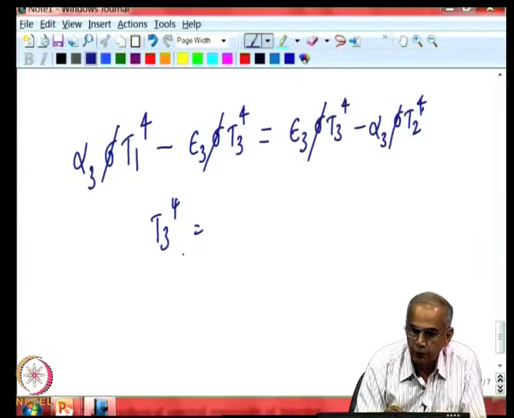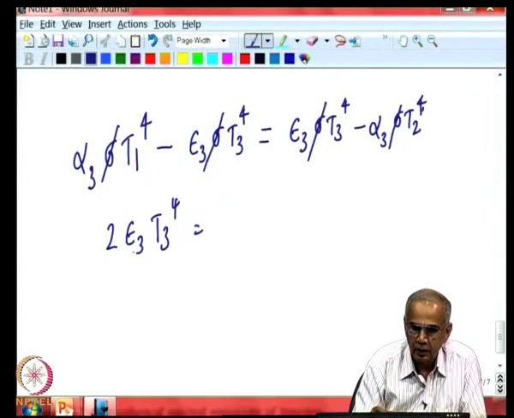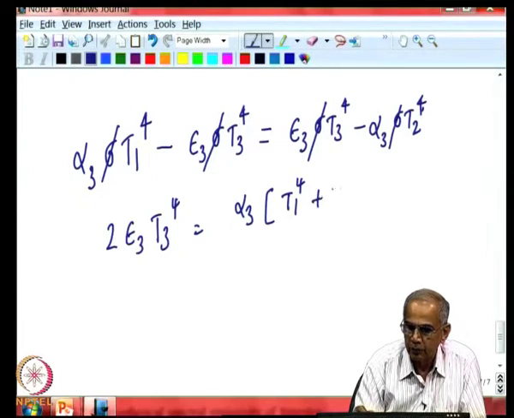So, T3 to the power 4 will come out as, here 2 epsilon 3 is there, do not forget, and you will have here alpha 3 into T1 to the power of 4 plus T2 to the power of 4.